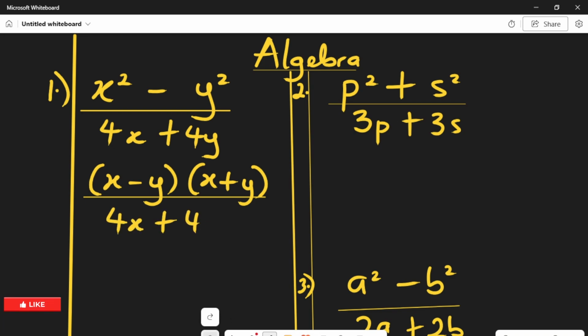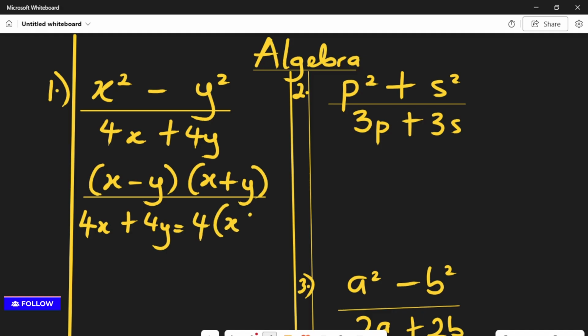But you should also understand that another way to write 4x plus 4y is 4 in brackets x plus y.